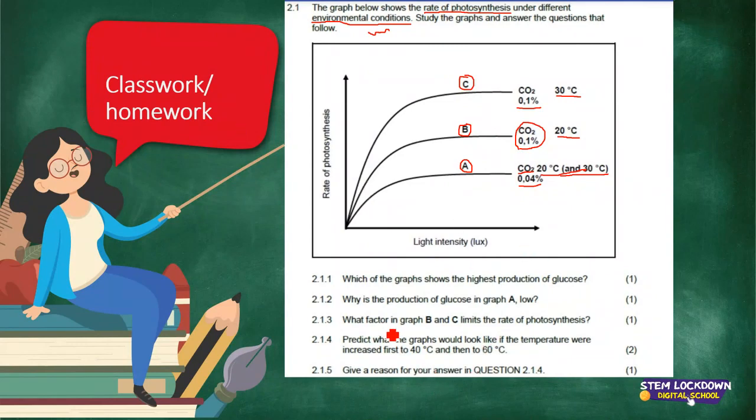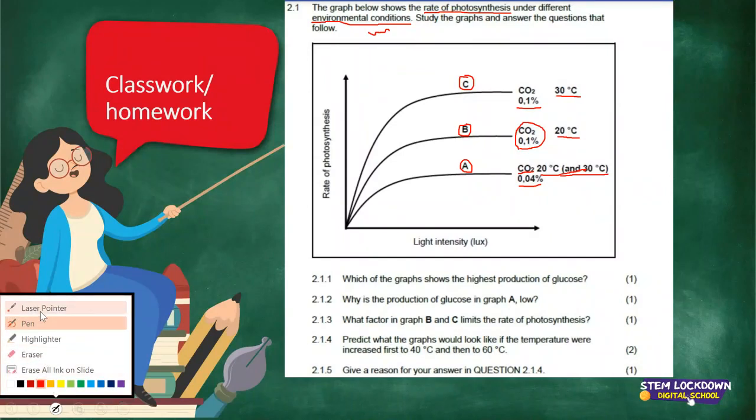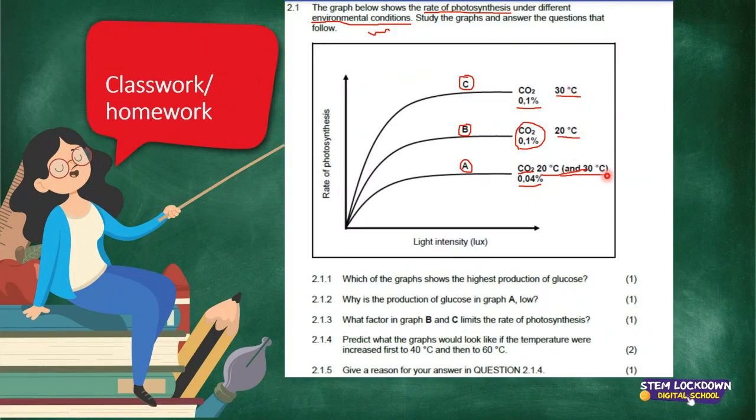All right. Question 2.1.2. Why is the production of glucose in graph A low? Remember, we have additional information given here: our carbon dioxide concentrations and a temperature.